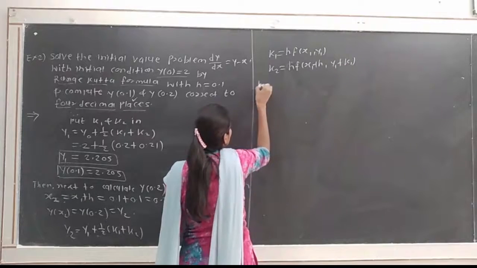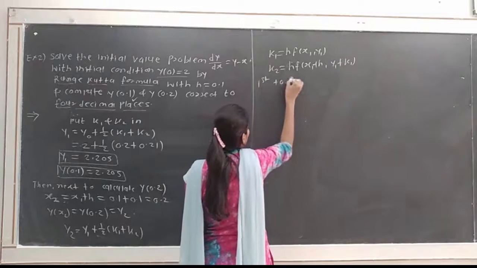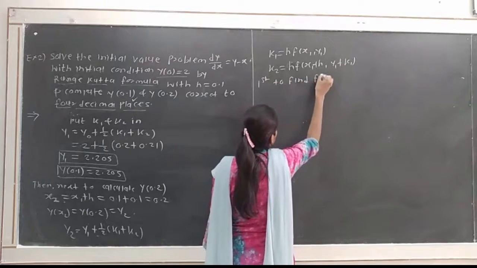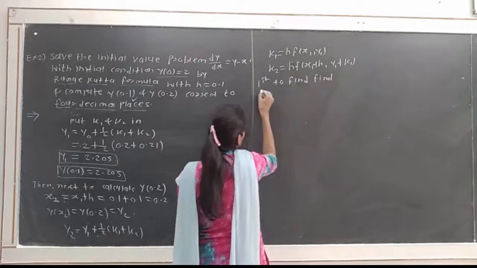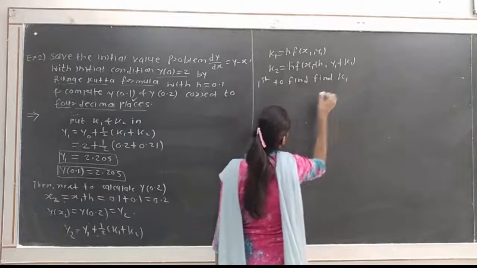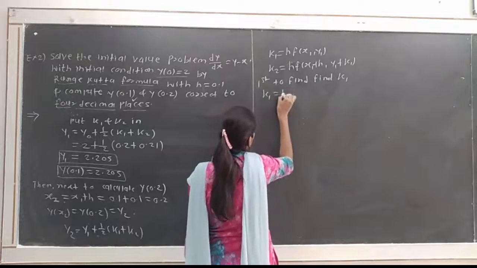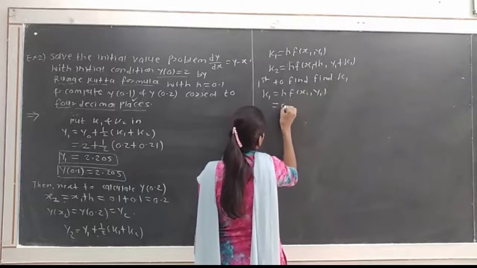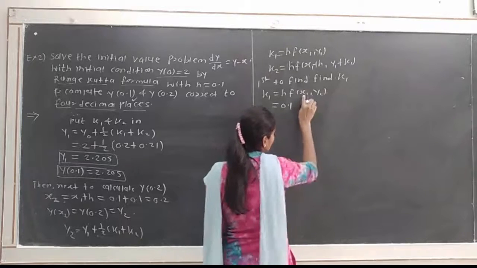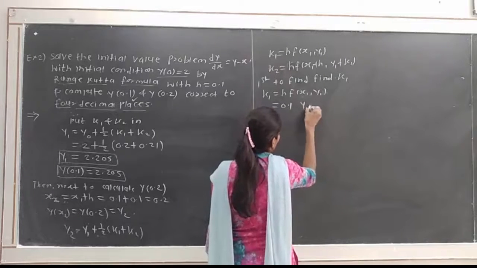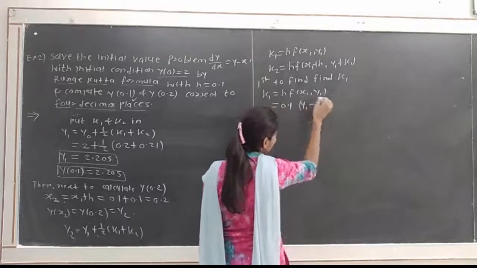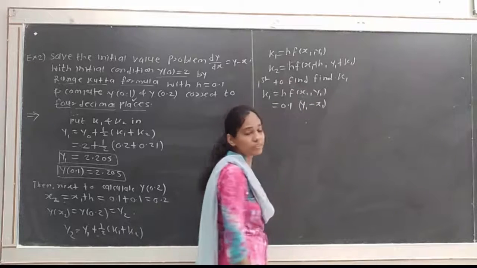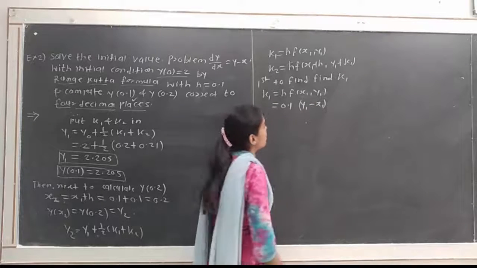So first we find k1. k1 is equal to h f of x1 comma y1. Then put your values, h will be 0.1, f of x1, y1 is y1 minus x1, because the function here is y minus x.